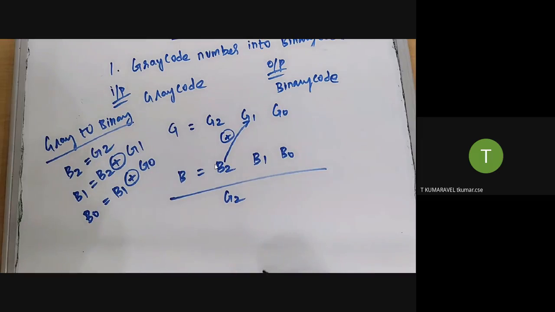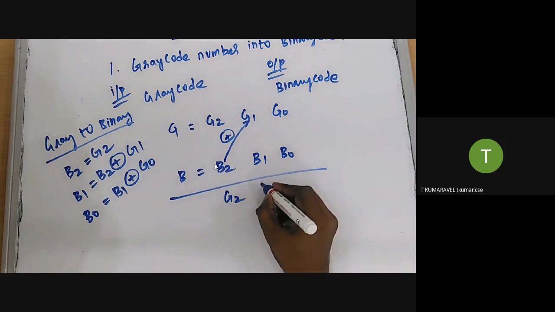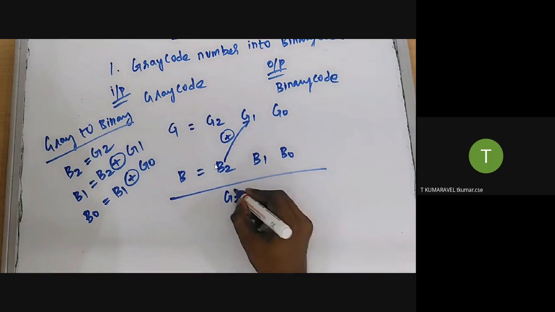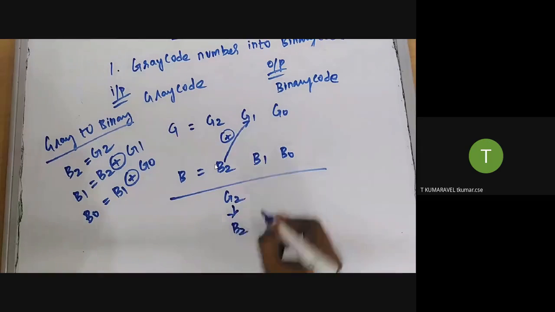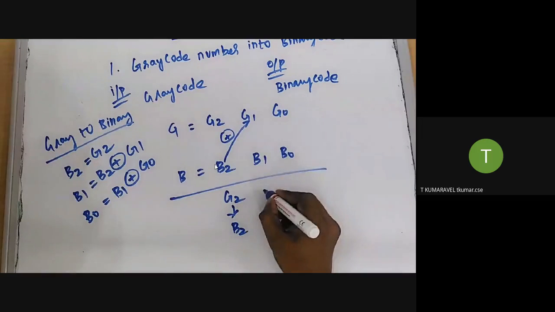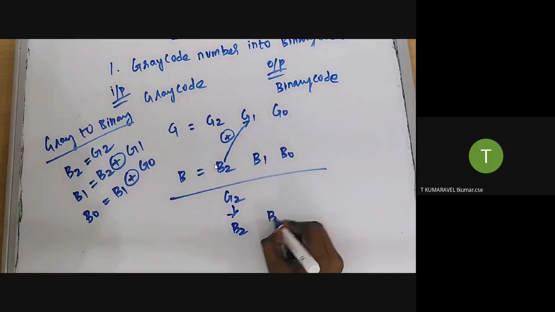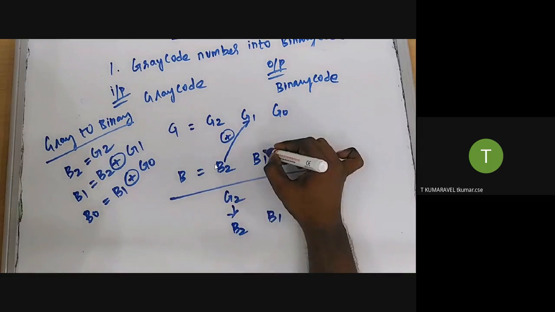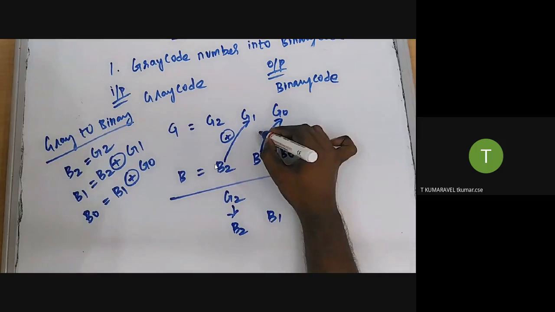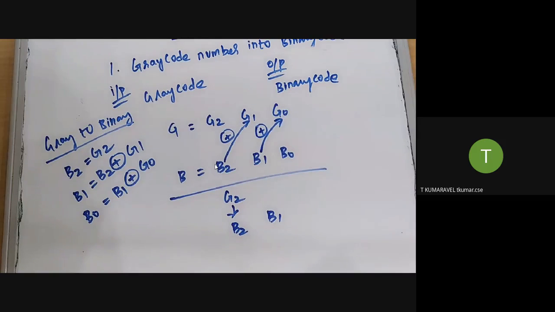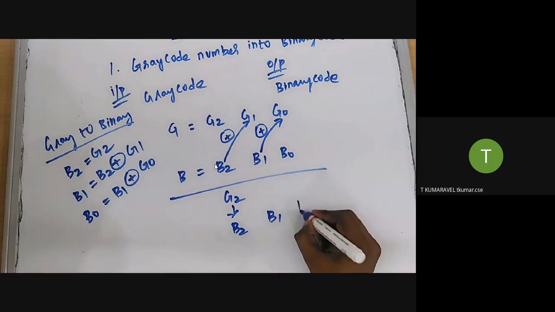If you do that, you will get the output B1. After that, you again take the resultant value and apply exclusive OR with G0, and you will get B0.